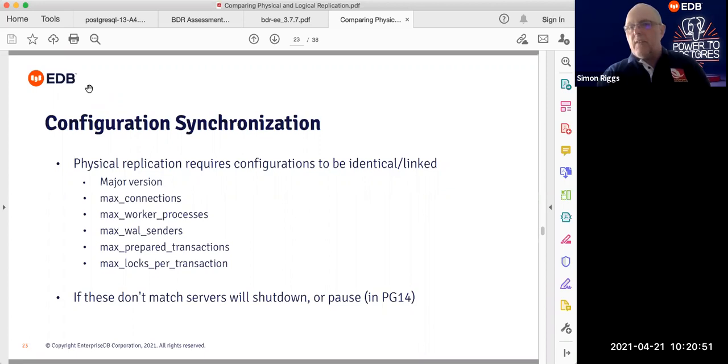So at least the server's up and running, even if it's not able to apply transaction changes. Now, we have looked quite hard at how that worked, and I did propose some patches, but the overhead of those patches was pretty ridiculous. So it's just simply not feasible to decouple those things.